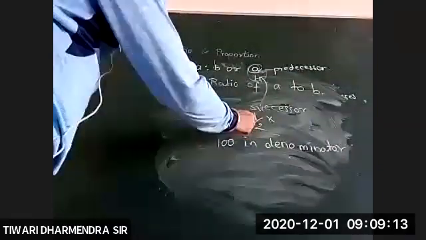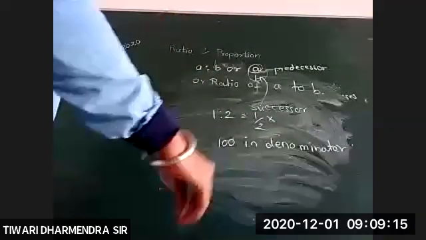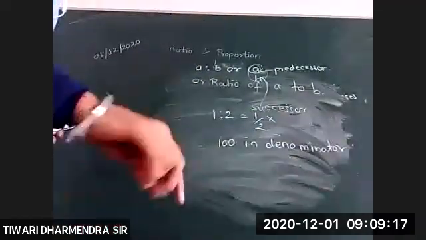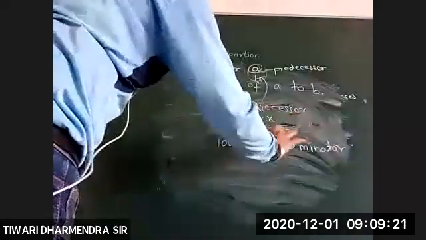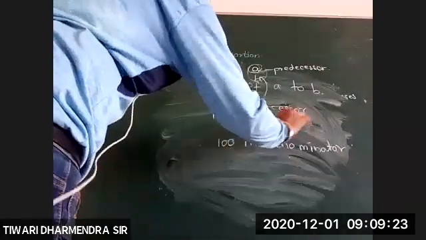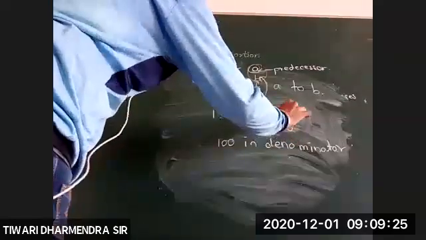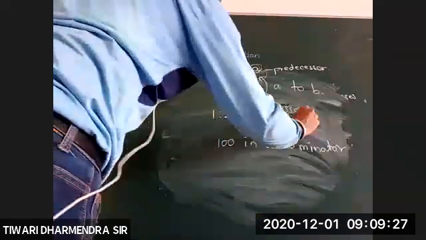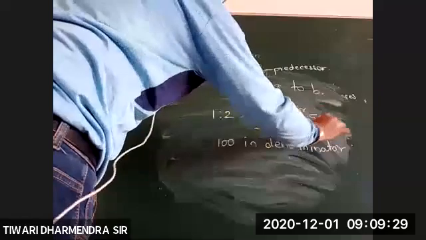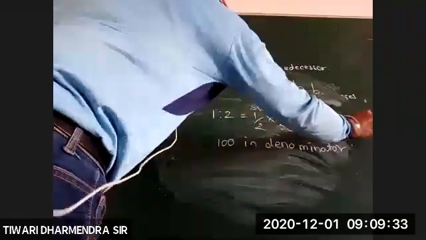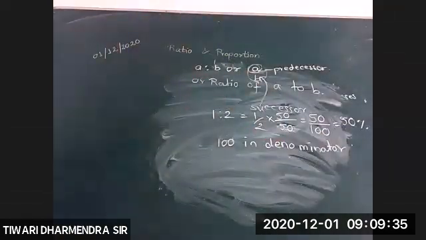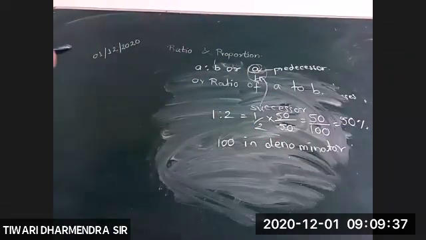As we have 2 in the denominator, what should be multiplied to 2 so that it gets converted to 100? We can multiply by 50. 50 in the denominator, 50 in the numerator. 1 into 50, answer is 50. 2 into 50, answer is 100. So this is 50%. Hope this step is clear.